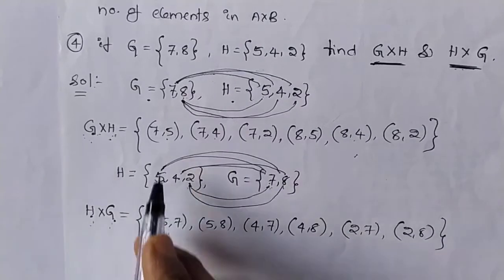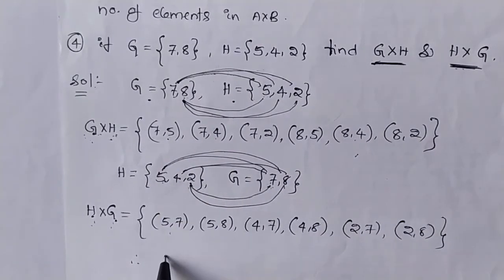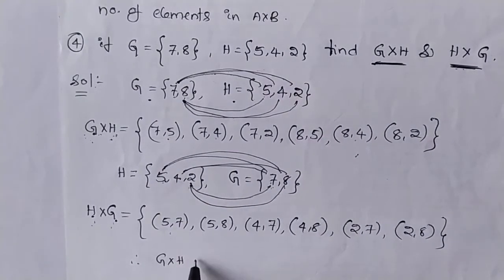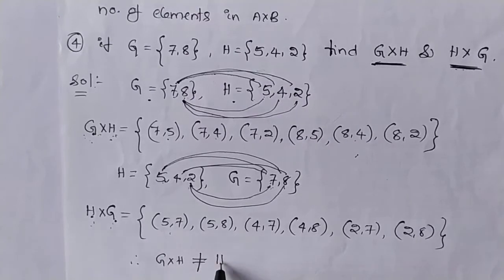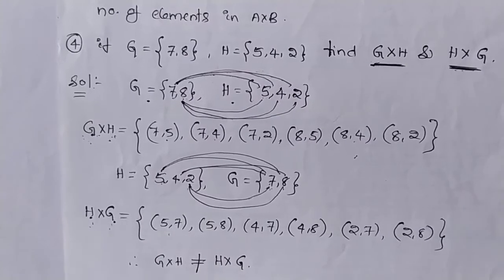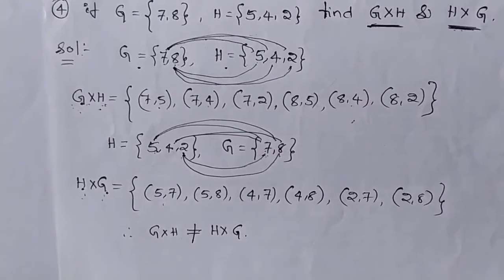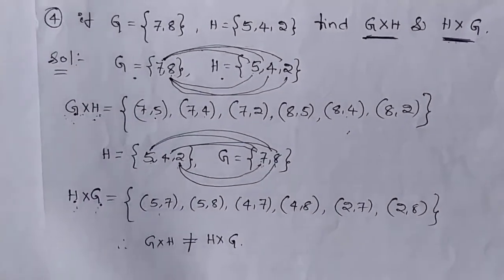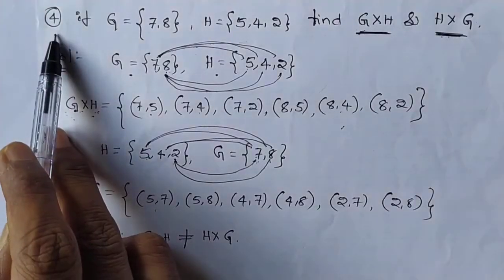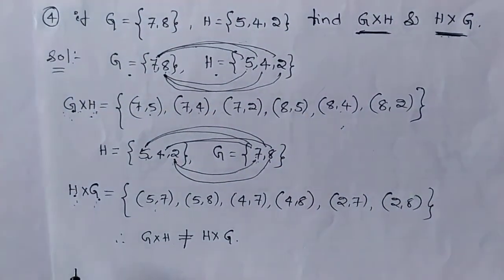No, these two are not equal. Therefore G cross H is not equal to H cross G. Understand? Okay, write down this fourth question in your notebook.